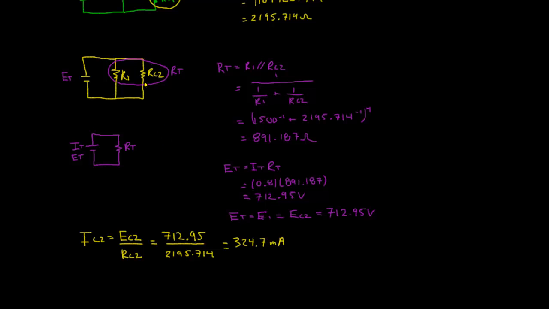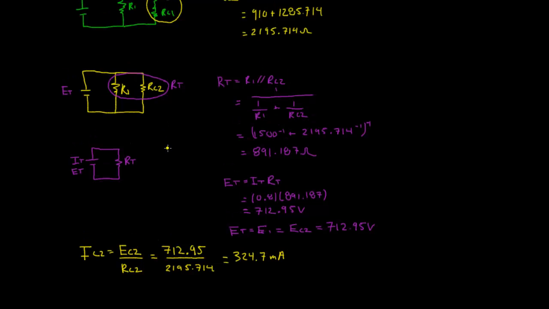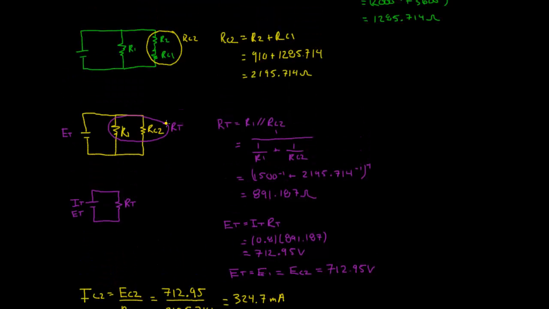Again, that's the current going through this branch in the circuit. But if we look up at our equivalent circuit above, where do we get RC2 from? We got RC2 from a combination of RC1 in series with R2. So we know the current through this series circuit is 324.7 milliamps, because current in a series circuit is the same.